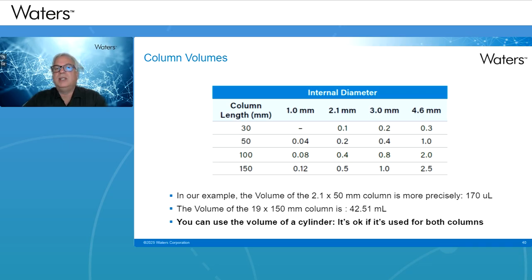You can use a calculator, by the way, to measure it, but you can also calculate it as an empty cylinder: the length of the column, L, multiplied by the surface, pi r squared, and don't forget the units, and you'll be able to get the volume of the column. In our case, the 19 by 150 millimeter column has 42 milliliters in volume. So that's a huge column compared to my other one that was 170 microliters.